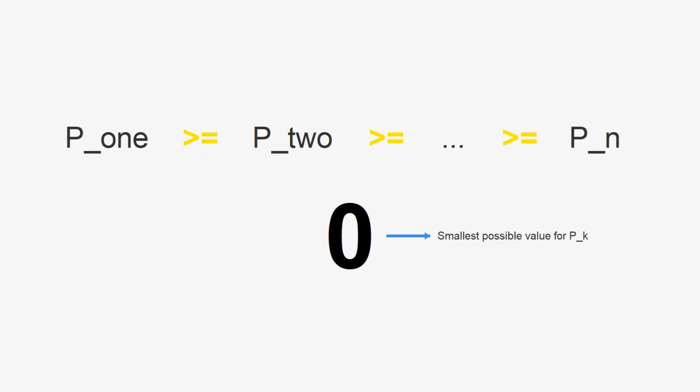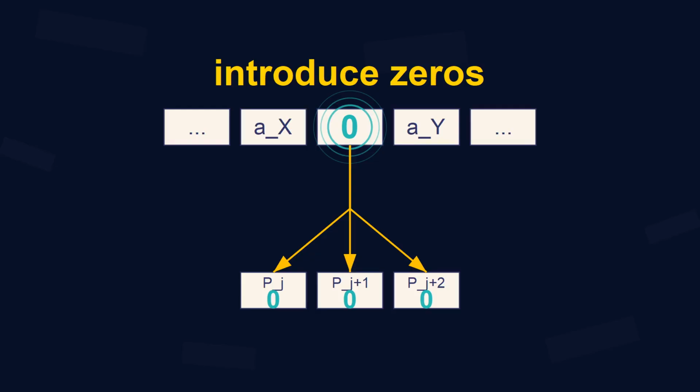The smallest possible value for any Pk is 0. The key to minimizing this sum lies in the operation. a_j becomes 0. This is how we introduce zeros into our array, which can then propagate to make later prefix minimums 0, effectively removing their contribution to the sum.